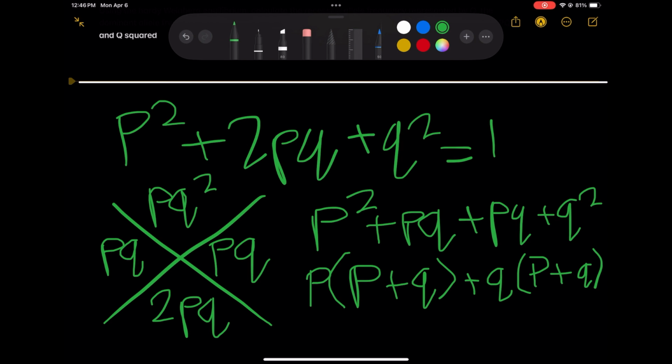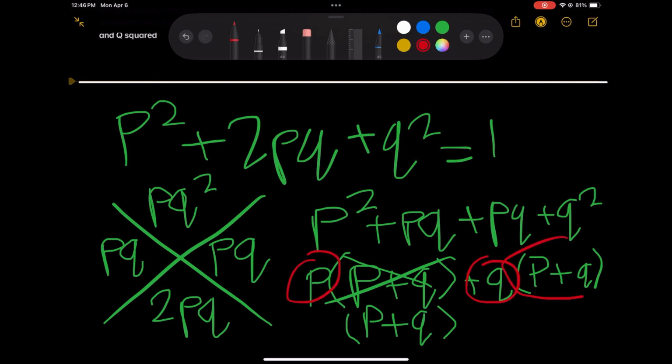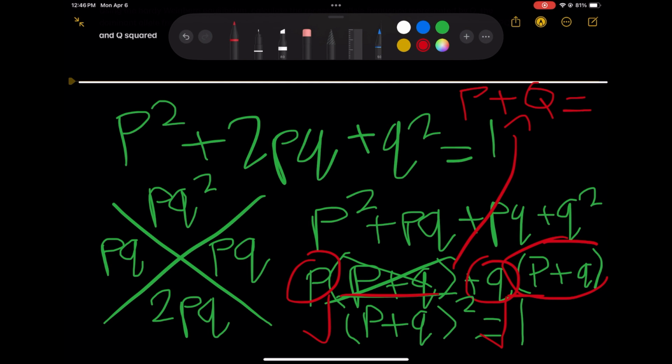According to algebra fundamentals, you combine the duplicate parentheses, so now you get (p plus q) squared equal to 1. If you square root both sides, you get the original equation, which is p plus q is equal to 1.